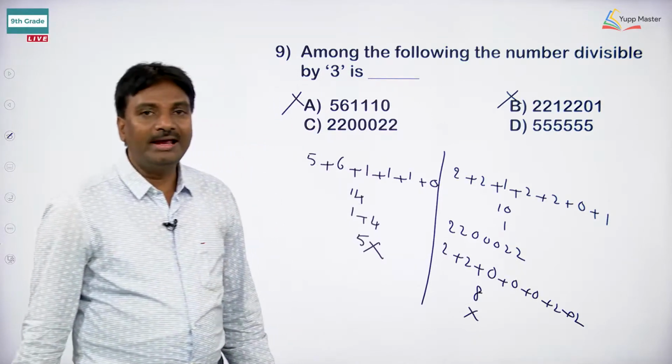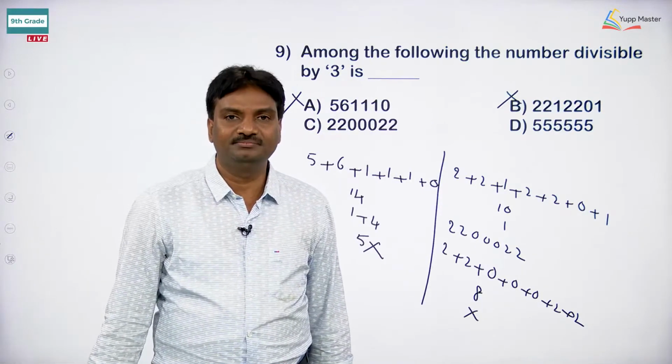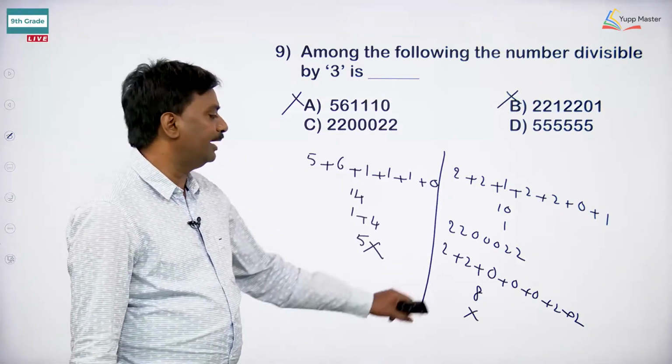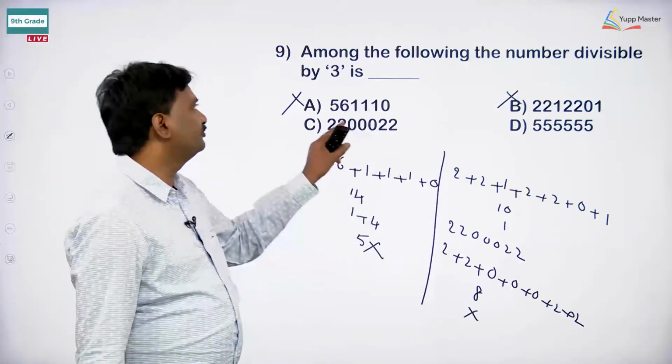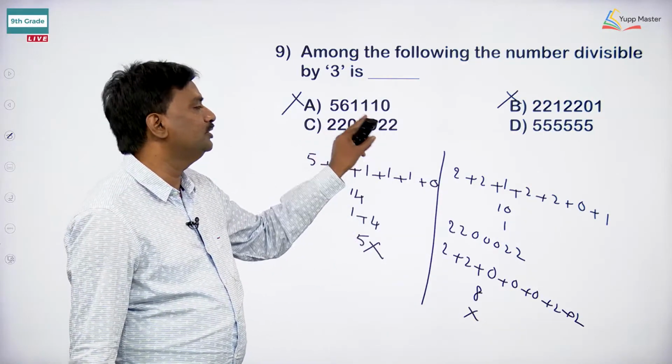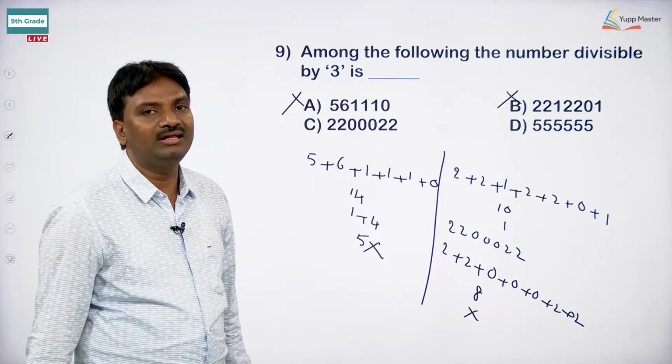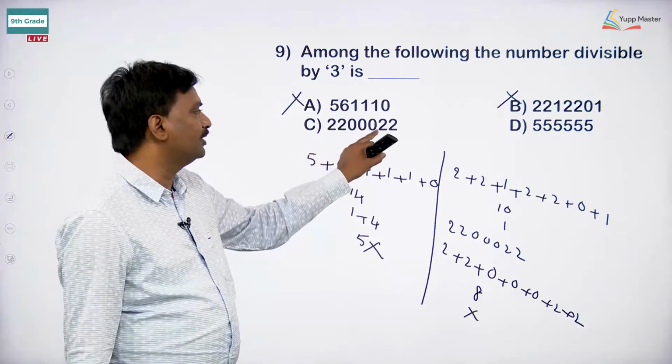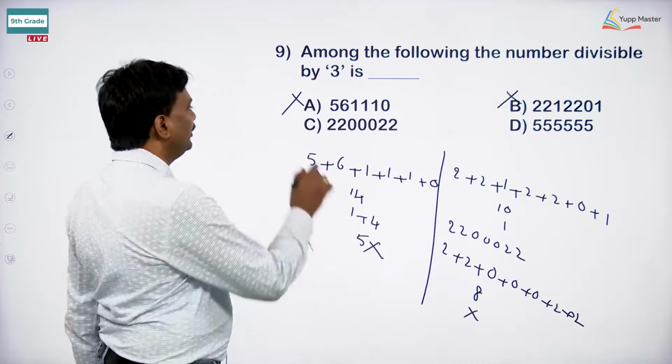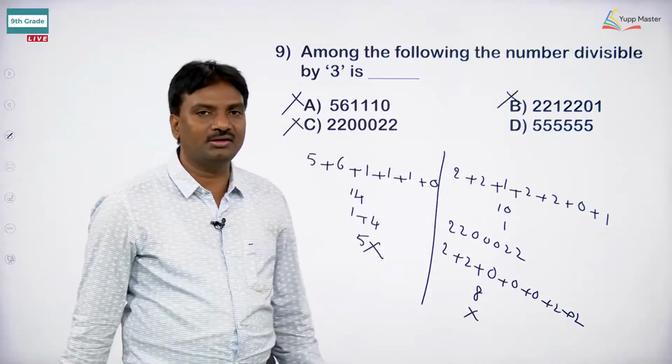But we know 8 is not divisible by 3. So the number 2200022 is also not divisible by 3. So option C is also not correct.